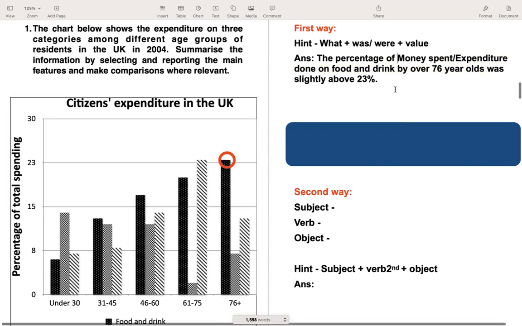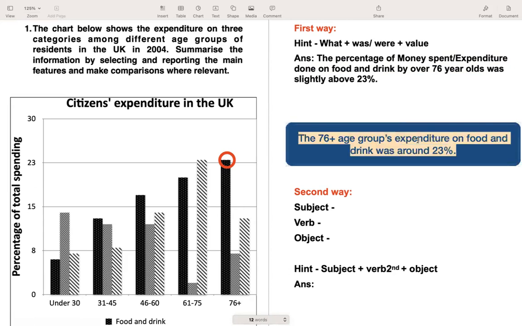Let's see what my answer is. I wrote it the other way around: the 76-plus age group's expenditure on food and drink was around 23%. Similar to yours. Is it clear?